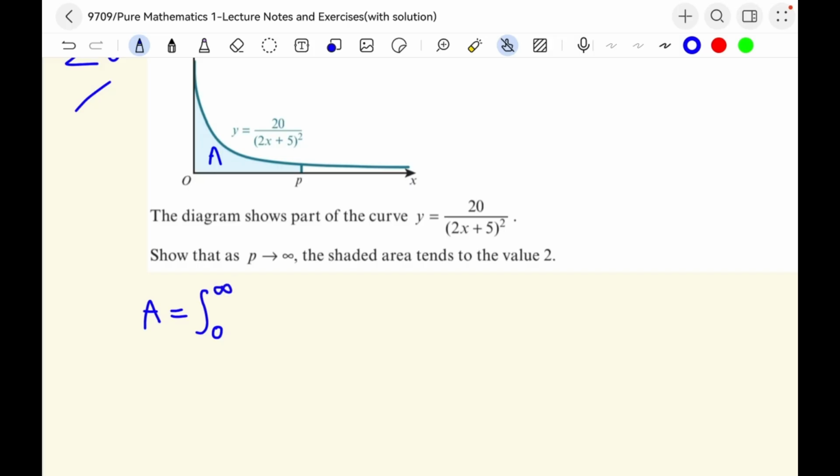Let me write the integral completely first, with respect to x. Inside this integral expression, of course the integrand is the original function, and we can't solve this improper integral directly, but instead what you can do is to use the limits.